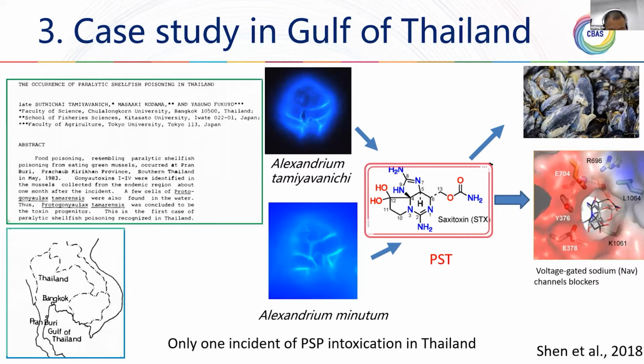There is only one food poisoning case due to eating PSP-contaminated green mussels in Chonburi in May 1983.